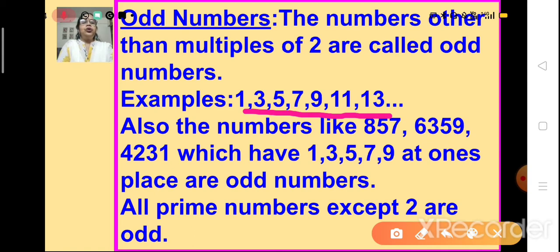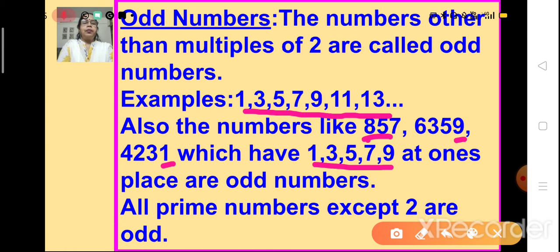And also the 2, 3, 4 and 5 digit numbers which have 1, 3, 5, 7, 9 at ones place are also odd numbers. Like the numbers here, 857 has 7 at ones place, and this number 6359 has 9 at ones place, and this number 4231 has 1 at ones place.